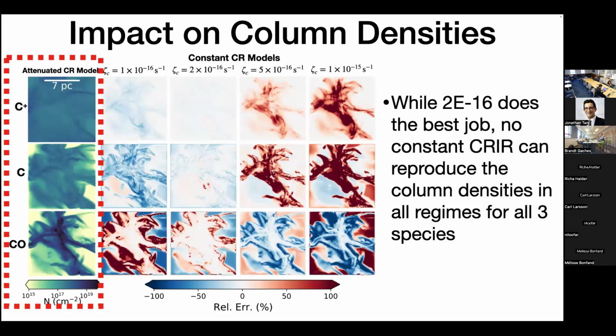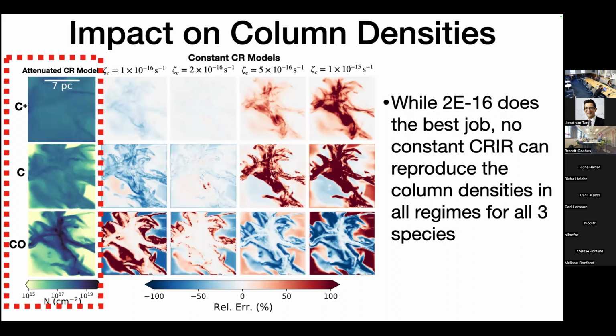But we can look at the impact of different assumptions on the cosmic ray physics on what we model for the column densities of C+, neutral carbon C, and CO. So I've shown you on the far left in the dotted red box the column densities using the attenuated cosmic ray model.